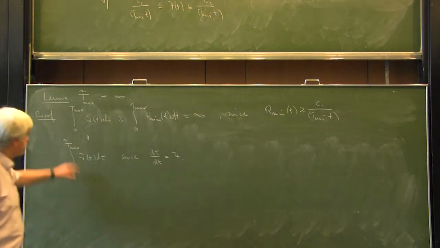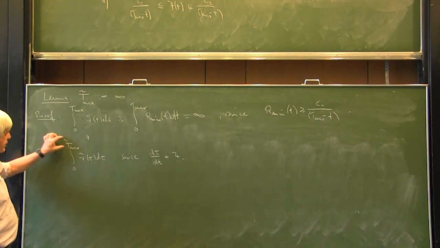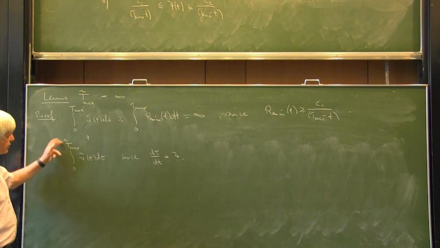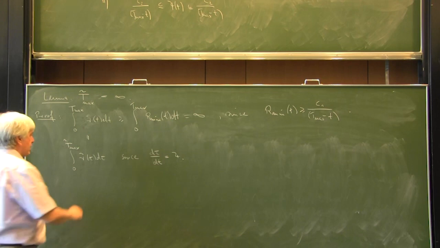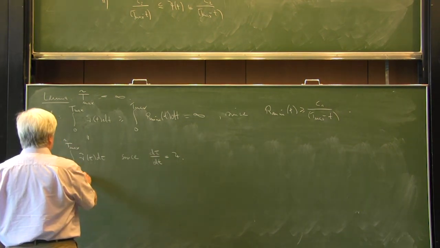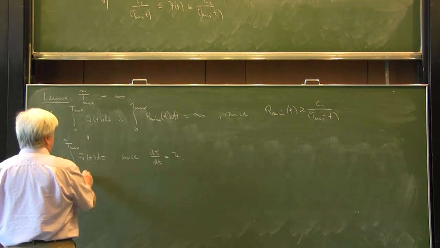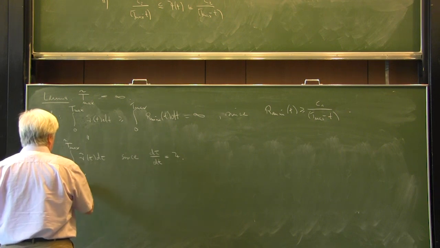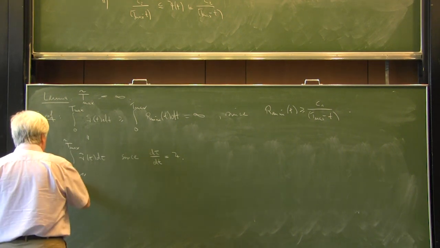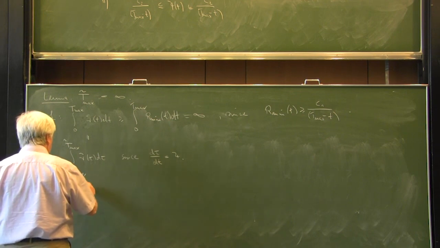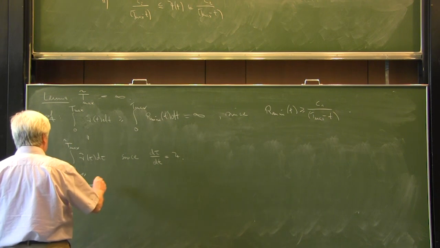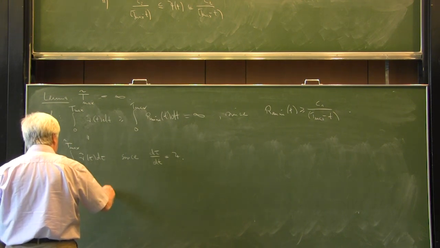So the change of variables of time in the curvature is just opposite, so it cancels out, and you get the same integral. But now we know that the curvature is bounded from above. So this is estimated by R tilde max times T tilde max.